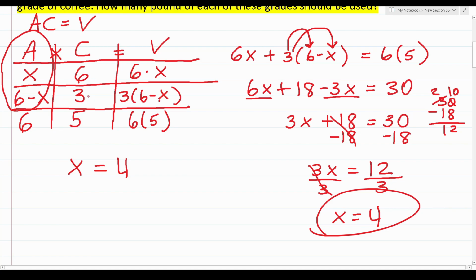And then the $3 per pound coffee, we let be 6 minus X. We now know what X is. So this is 6 minus 4, which is 2. So in other words, we're going to use 4 pounds of the $6 per pound coffee and 2 pounds of the $3 per pound coffee. All right, so that's that one.